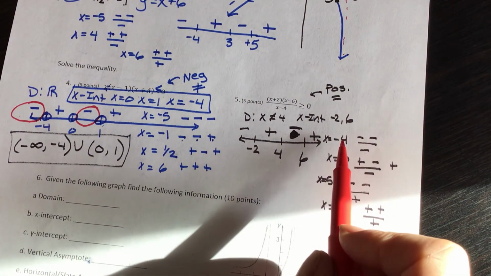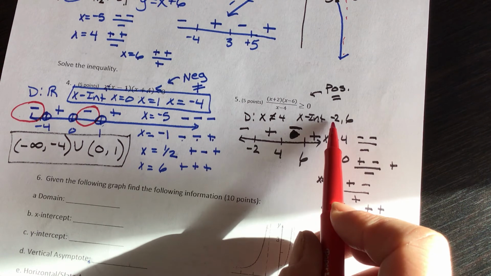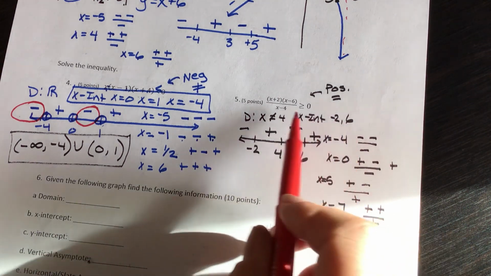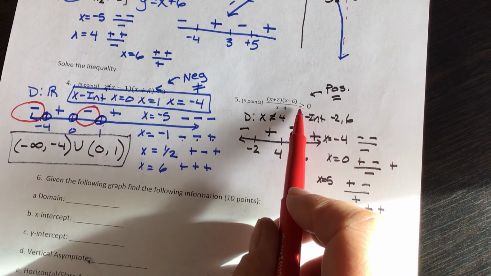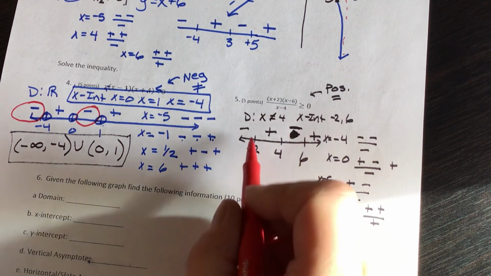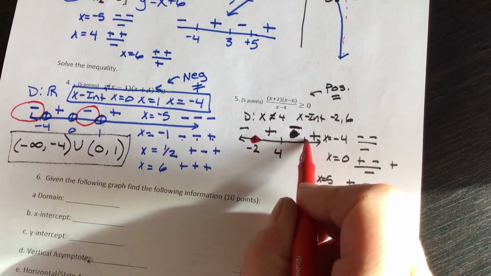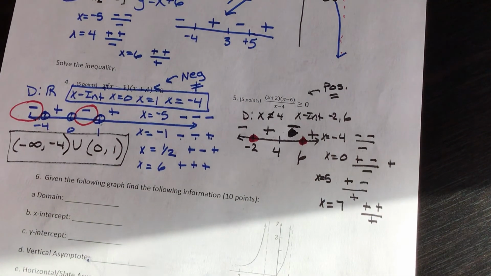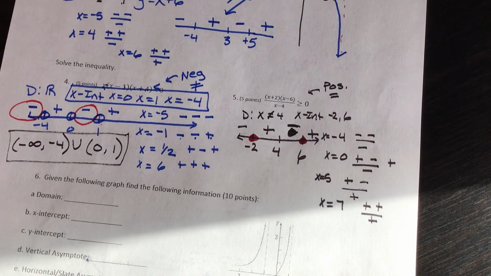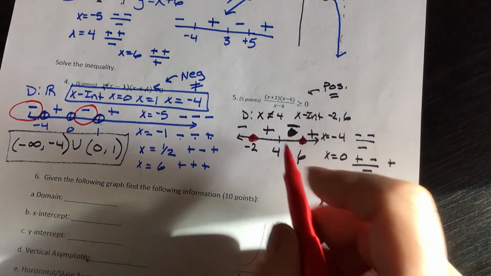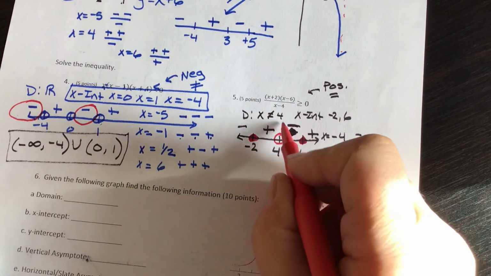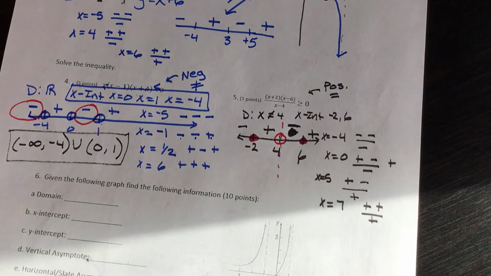Now, I need to remember my x-intercepts are negative 2 and 6, and I can equal those values because there's an equal sign here. So at negative 2 and 6, I can include those in my sets, but I cannot at 4 because there's a vertical asymptote going through here.